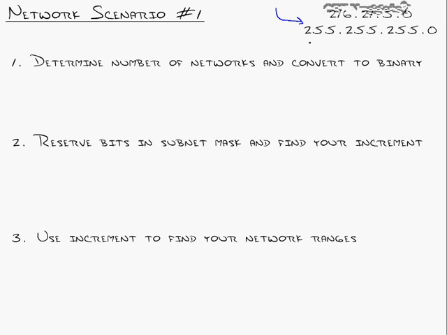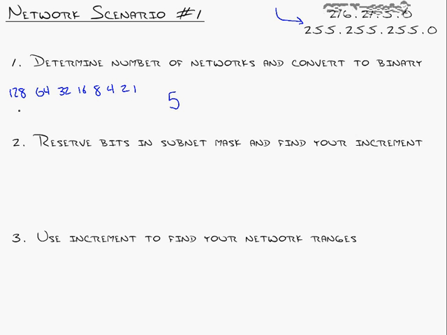So, our first step in this subnetting scenario is to determine the number of networks and convert it to binary. We need to use the skill that we learned previously in the previous video of binary conversion. So we know that we need 5 networks. Let me write up our binary chart. 128, 64, 32, 16, 8, 4, 2, 1.